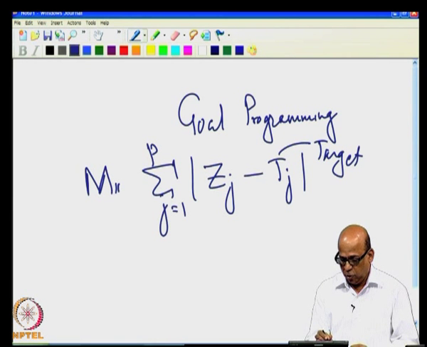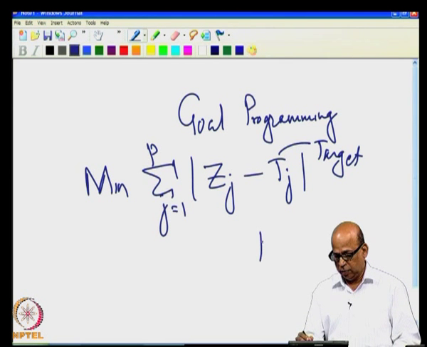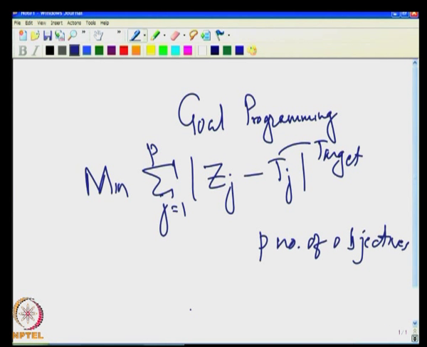So, you may want to minimize the sum of absolute differences over all the objective functions. There are p objective functions, p number of objectives, subject to all the constraints that you had originally. So, this is what we do in goal programming.